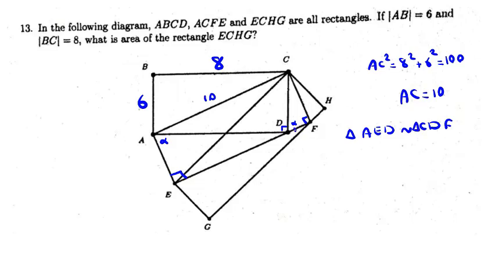Now, if this length is x, it will be 10 minus x. And this is 6, this hypotenuse is 8. Now we try to find this length, AE.